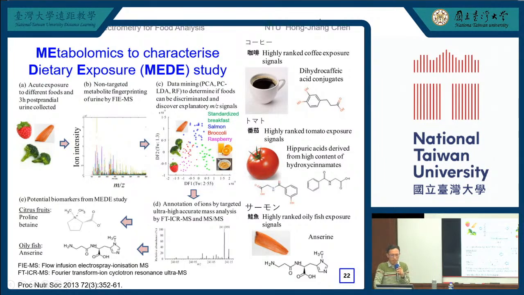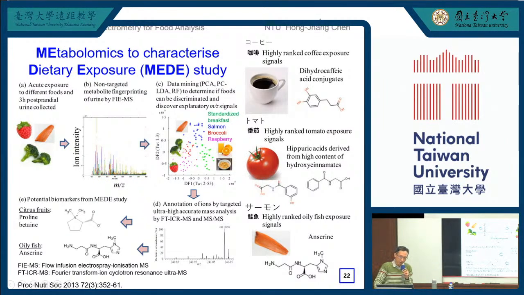After that, they extract the information of the peaks into this one, and they can find, okay, the strawberry you ate, the molecular weight. If you ate strawberry, there is a signal in your serum here, and then we can identify this compound by ICR again.